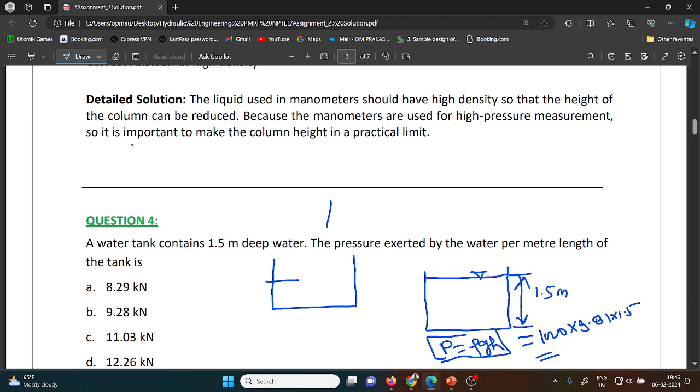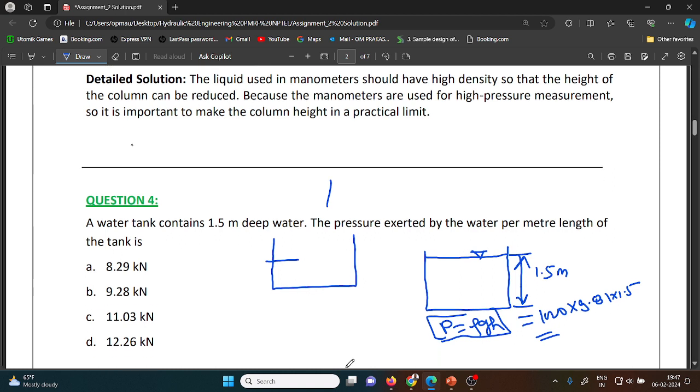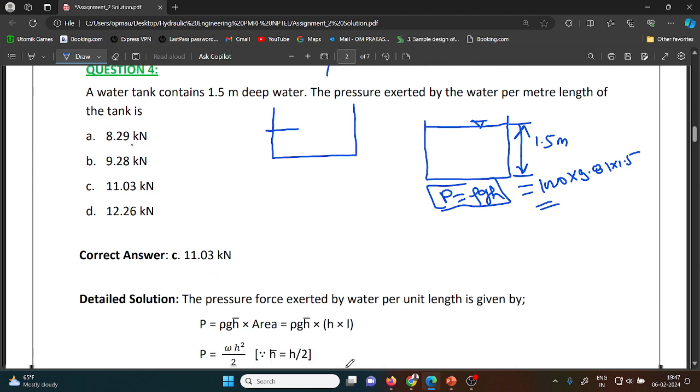If you calculate, your answer should be 11.3.